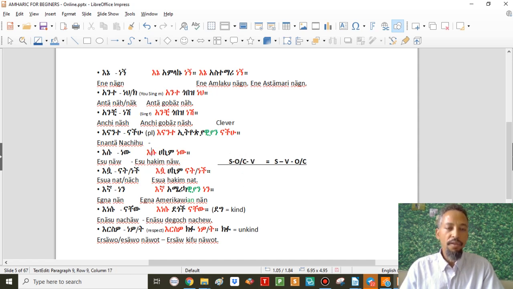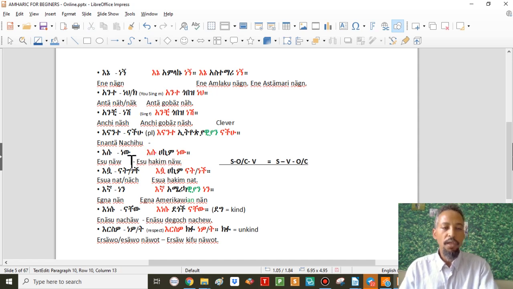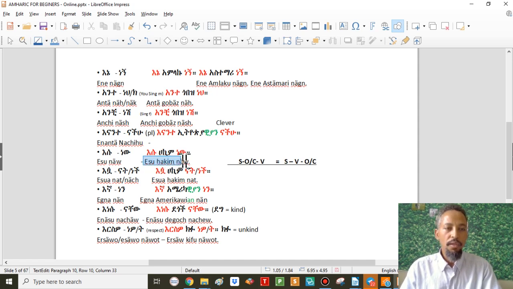So we have the subject here, isu. You can also use the English transliteration, the Amharic written in English alphabet. So isu hakim no. Isu is the subject. Hakim is the complement. It's not an object, but it is a complement because it's with a linking verb, no. So it describes the subject.